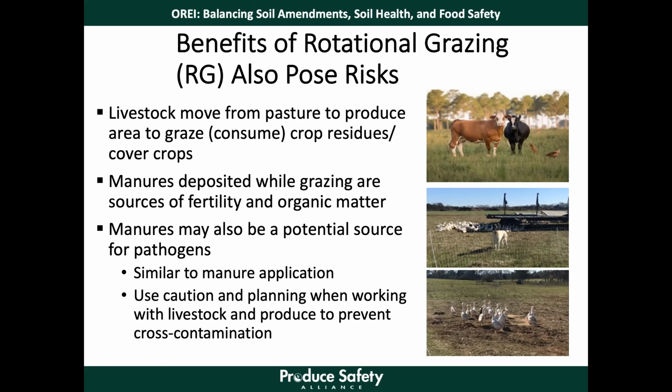So what this is, is that livestock or poultry move from pasture or from field to field, and they are used for production, where they either consume the crop residues or cover crops. While manures are deposited during grazing, they are a source of fertility and organic matter, but also a potential source of pathogens, as we see for manure application.